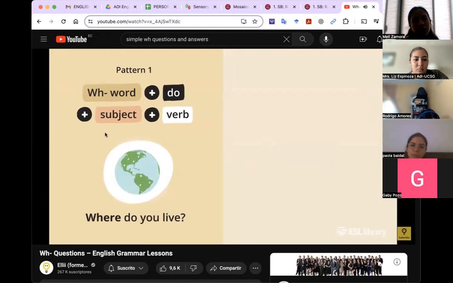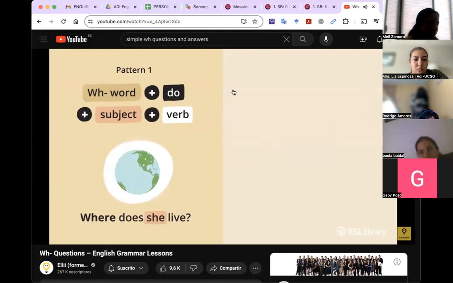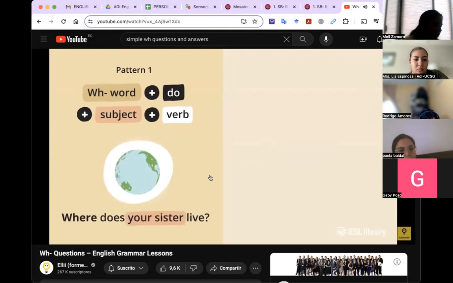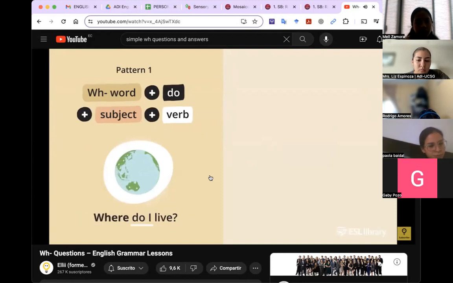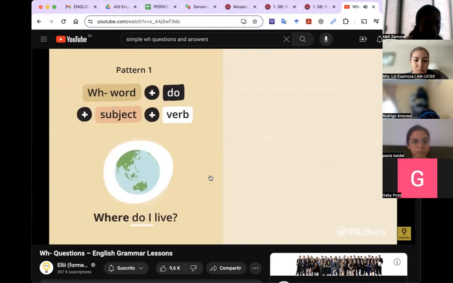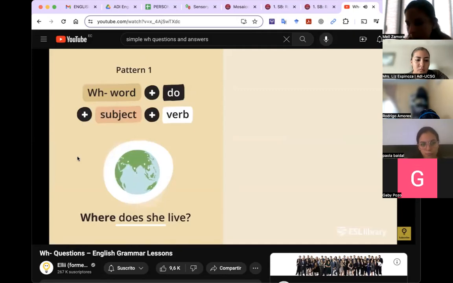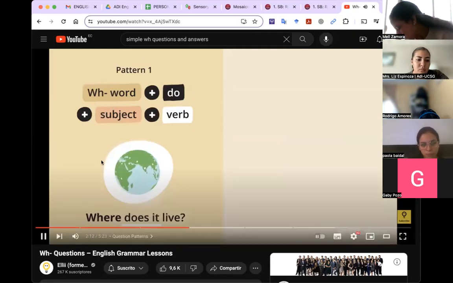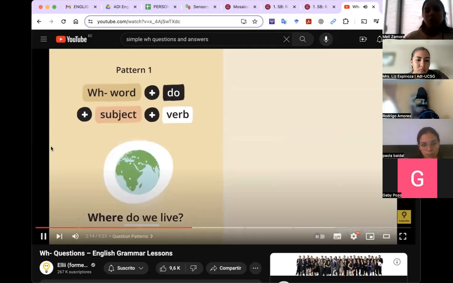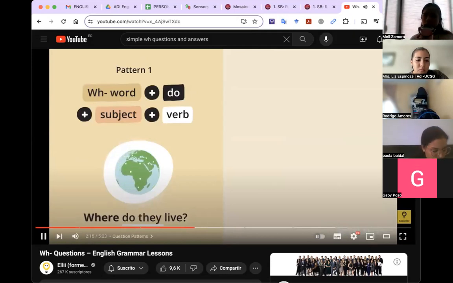Note that we use does when the subject is he, she, it, or a singular noun. For example, where do I live? Where does he live? Where does she live? Where does it live? Where do we live? Where do they live?